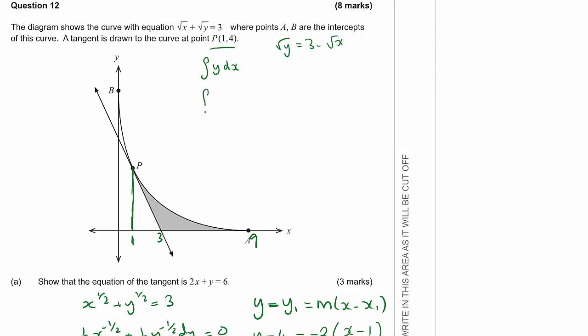So our area is going to be the integral from 1 to 9 of (3 minus root x) squared dx, and then we're going to take away the triangle, which is a half times the base of the triangle, which we can see is 2, times the height of the triangle, which we know is 4.